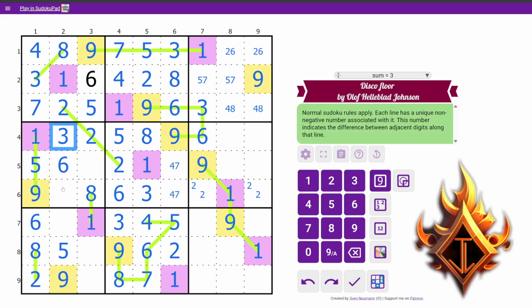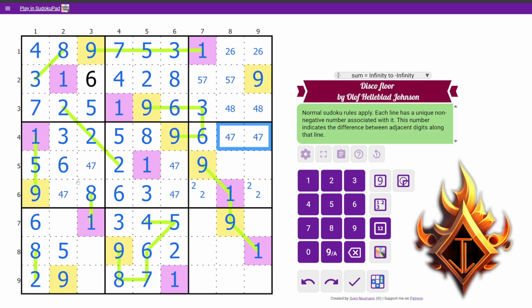So 3 goes there. Now these will be 4, 7, which also means 4, 7 will be up here. First one because that's all that's left in the row, but I saw this first actually. These both being in the bottom 2 means that it had to be on the top.